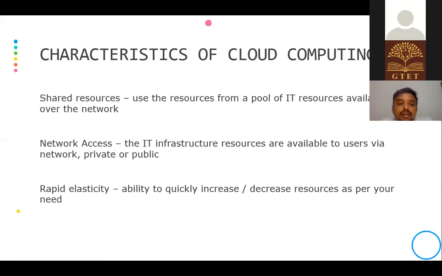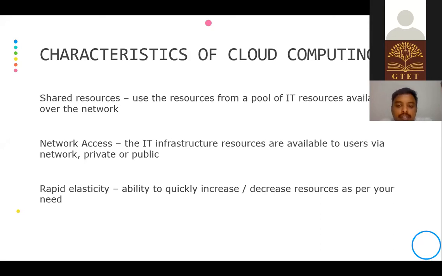To summarize again, you have shared IT resources which are available over a network for the end user to use. You have network access where you can log in and use the IT resources that are available. And the third point, rapid elasticity, gives the user the ability to increase or decrease the amount of resources they will be using as per their need.